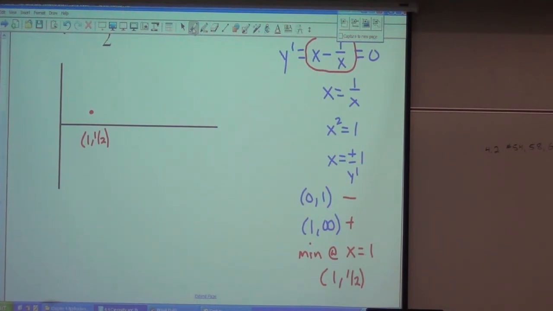Now let's do the second derivative to find its concavity. The first derivative was x minus 1 over x. So the derivative of x is 1 minus, what's the derivative of 1 over x? 1 over x is x to the negative 1, so you have negative 1 times x to the negative 2. So this is going to be 1 plus 1 over x squared.